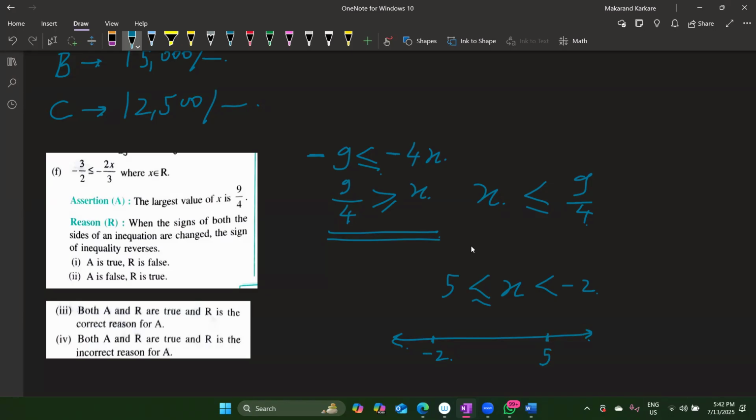Wait a minute. So 5 less than or equal to x, that means x is on this side, and x is less than minus 2, that means x is on this side, and we want the intersection of these two. Do you see that there is no such solution which satisfies both conditions at the same time?